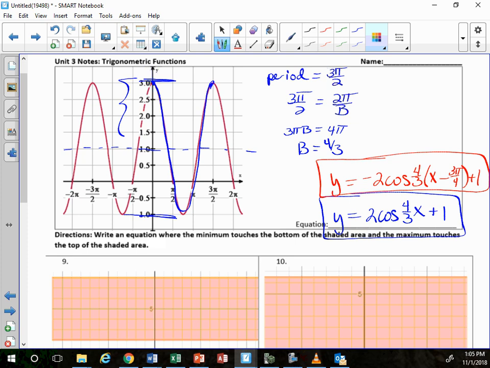No, this is the shift, 3 pi over 4. But it's not going to pi. When you go to graph, you factor before you shift. If you were to label this based on this being 2 pi, this would be pi. But don't do it that way, it's way harder. The shift comes after it's factored. That's why if you're writing the equation, it's so much easier to write it factored. Okay?